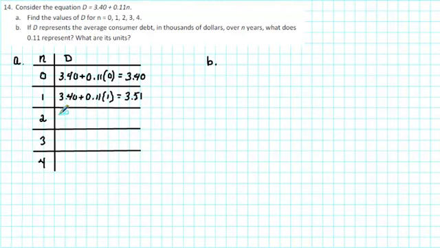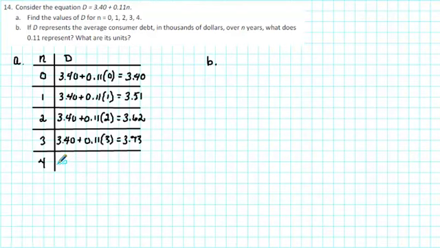When n is 2, we get 3.40 plus 0.11 times 2. 3.40 plus 0.22 is equal to 3.62. When we substitute 3 for n, we get 3.40 plus 0.11 multiplied by 3. 3.40 plus 0.33 is equal to 3.73.